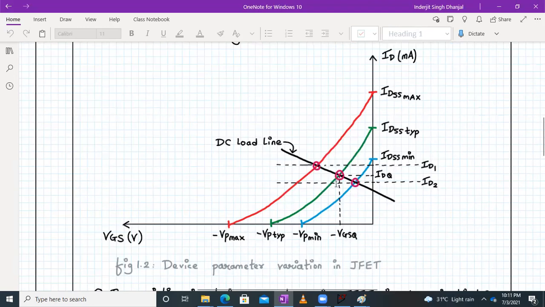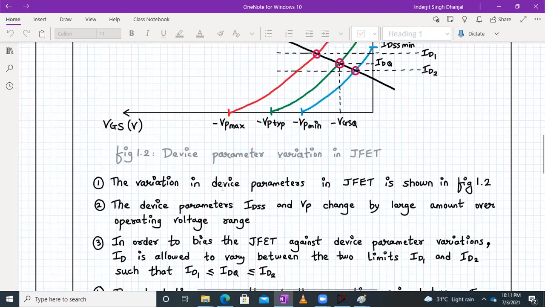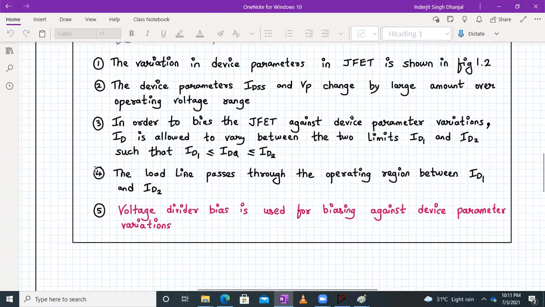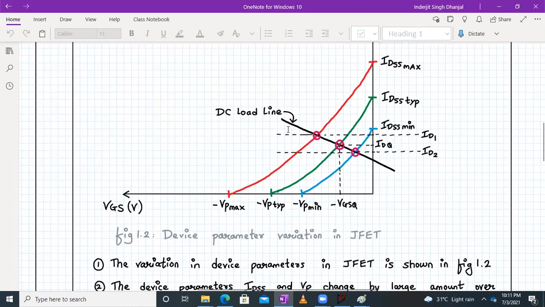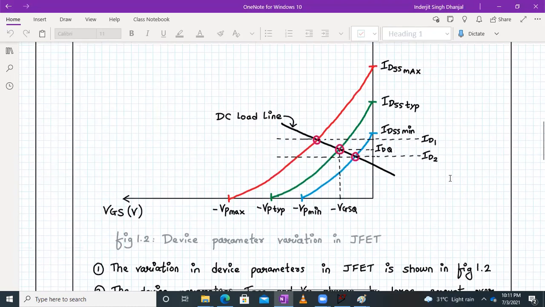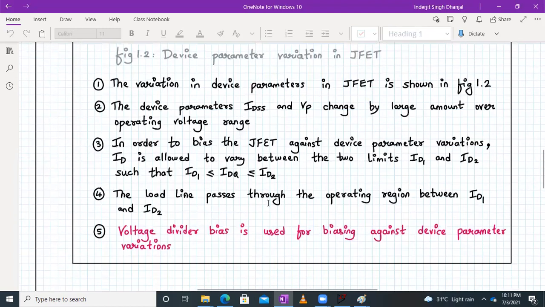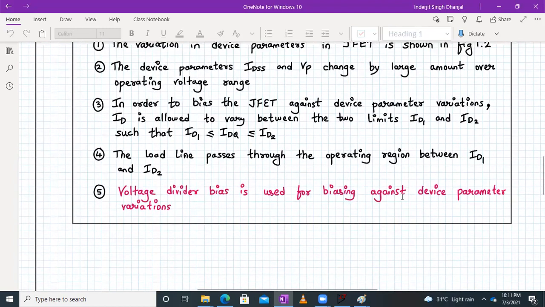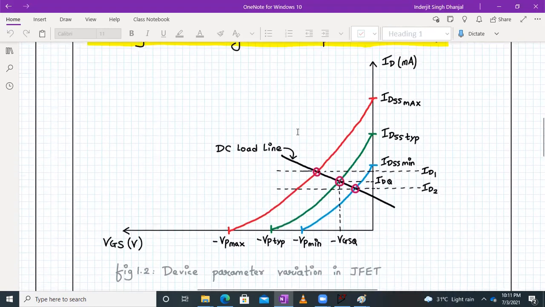If the Q point is in between ID1 and ID2, that means it is protected against the device parameter variations. So the load line passes through the operating point between ID1 and ID2. Here is the load line, and this typical load line is observed in the voltage divider bias. So voltage divider bias is used for biasing against the device parameter variations.